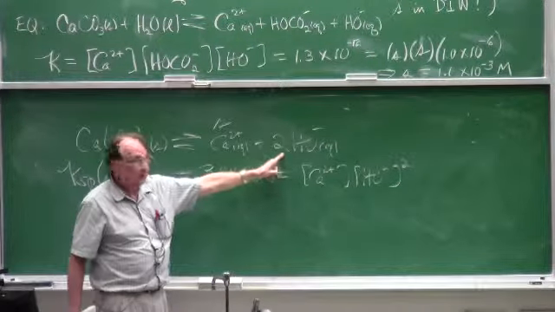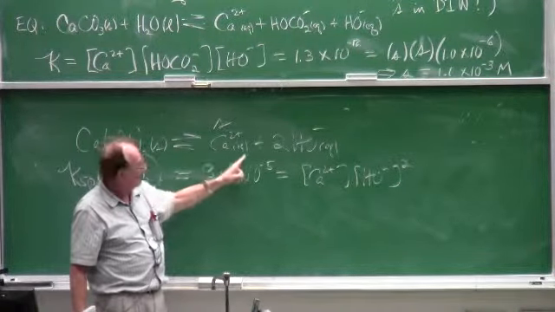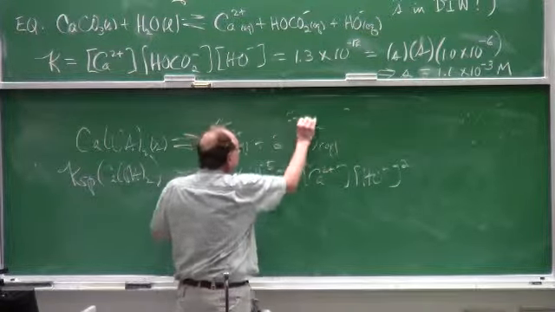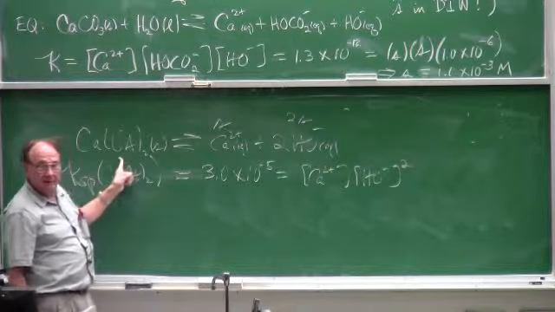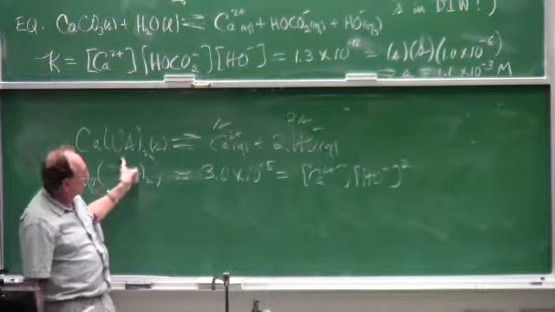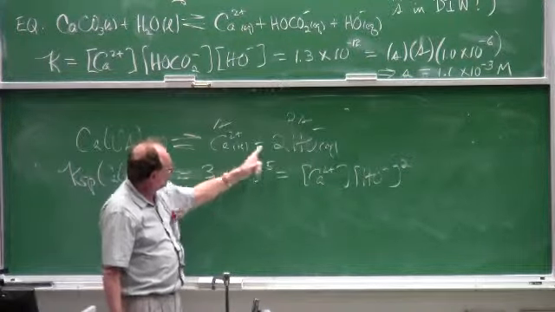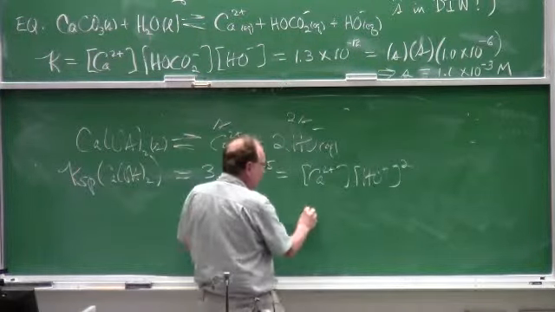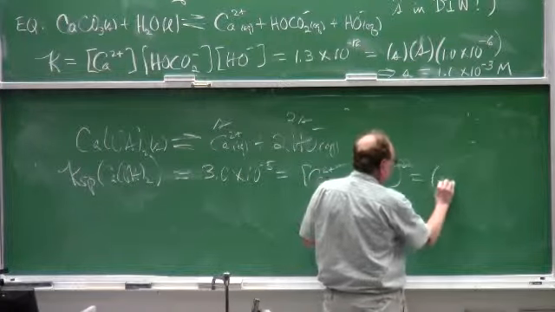How does the hydroxide ion concentration compare to S? Twice. Because this material tells me when a mole of this goes in solution, beside putting a mole of calcium ion in solution, I put twice as many moles of hydroxide ion. So here's what I got. Now let's turn it into its corresponding algebra form.